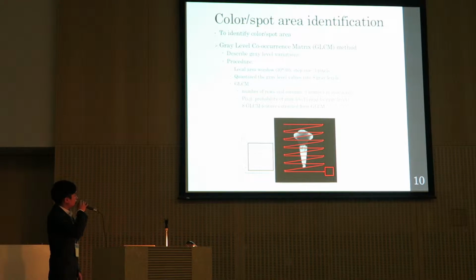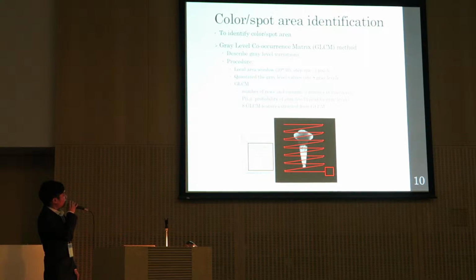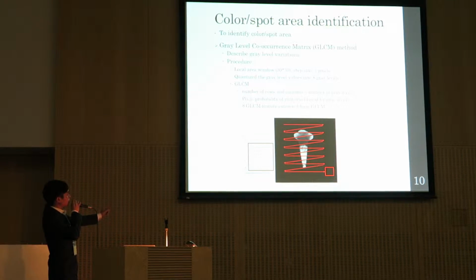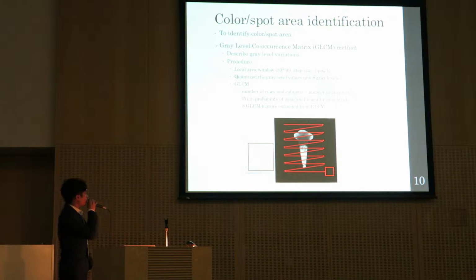And then the GLCM was constructed. Here is an example of a GLCM of a 4 gray level image. The value on row i and column j is the probability of gray level i nearby gray level j.